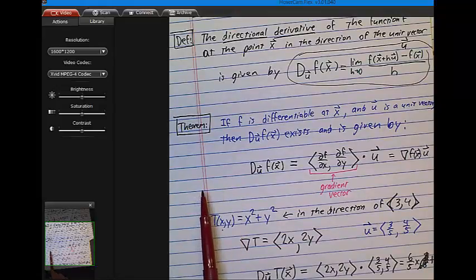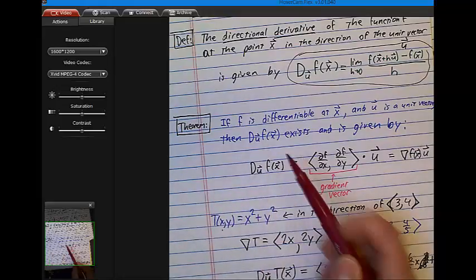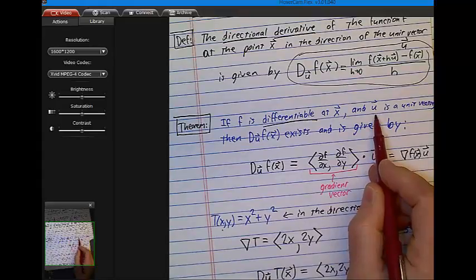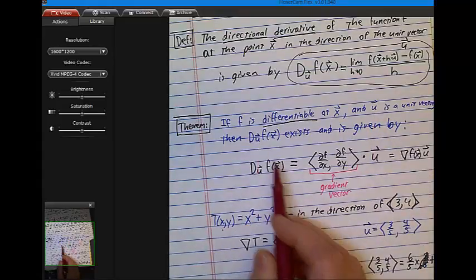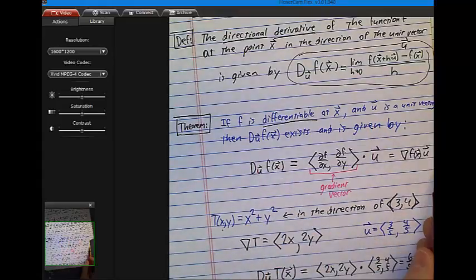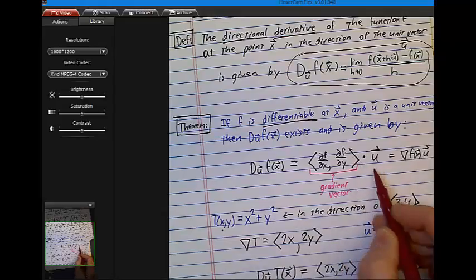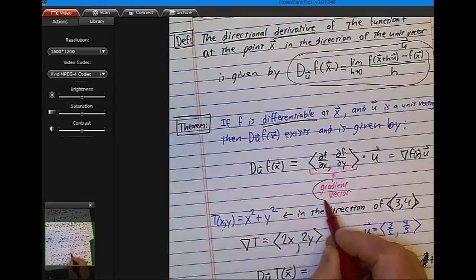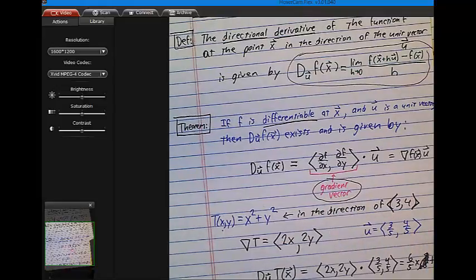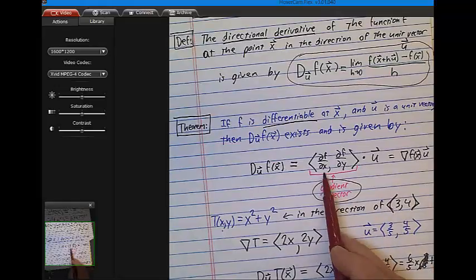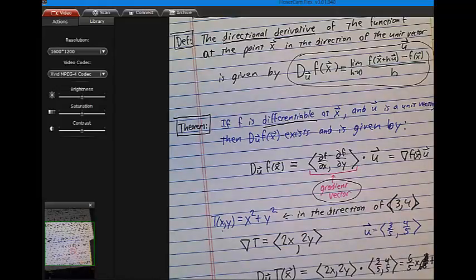I said that if f is differentiable and you have any unit vector, then the derivative exists and is given by this formula. You can dot the unit vector with something called the gradient vector. This is a really important idea, this vector. The gradient vector is the vector of partial derivatives. So that's kind of interesting.